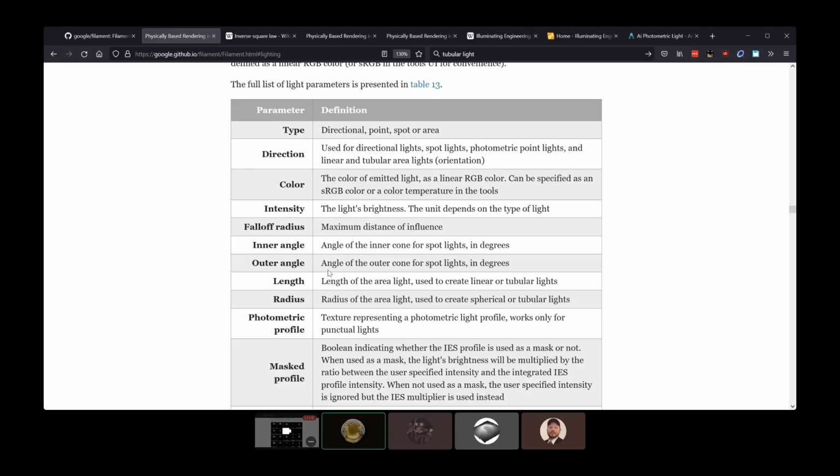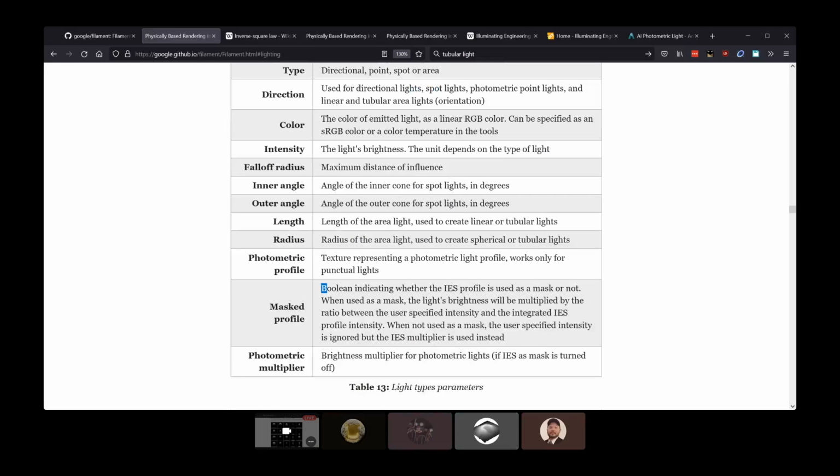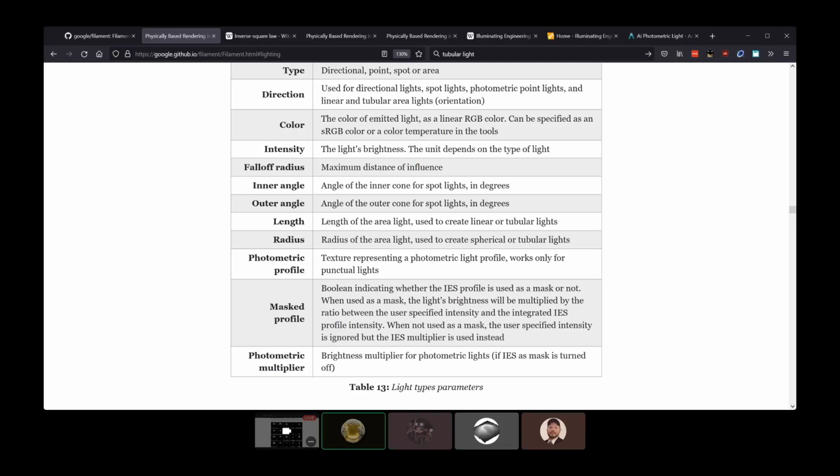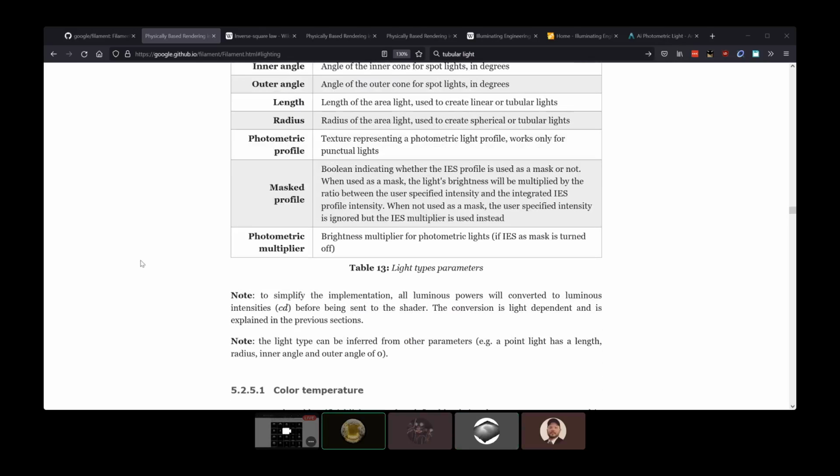Wait, what now? Sorry, the mask profile: if you have it off, the user specified intensity up here is ignored. Oh, right. Oop, that was a misclick for sure. Oh, people are in here. I didn't mean to do that. I've done that before.